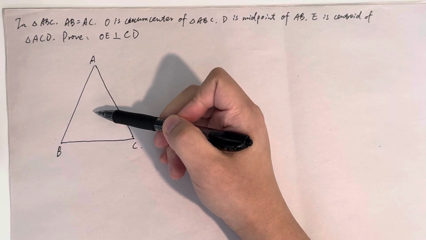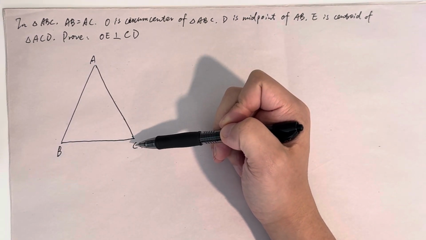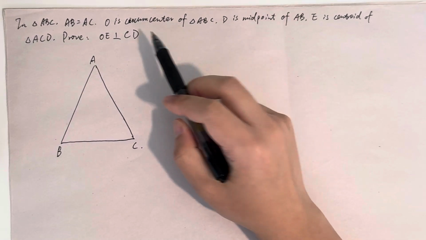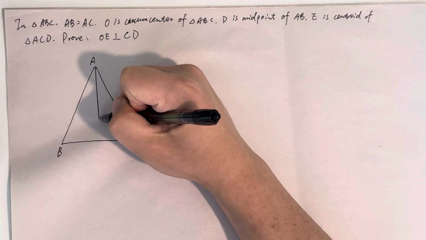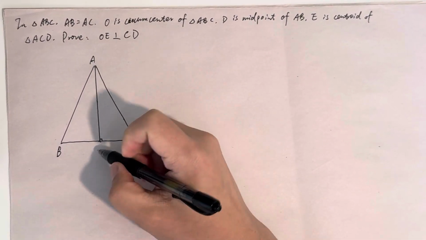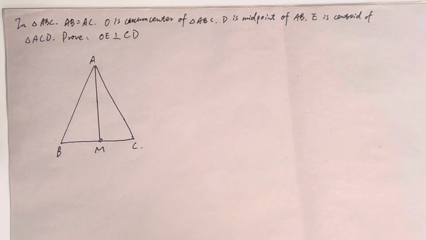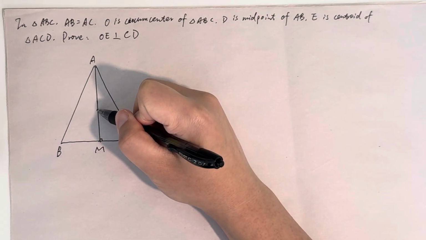Because AB equals AC and O is the circumcenter, O is on the median line of triangle ABC, right? So let's put O here.